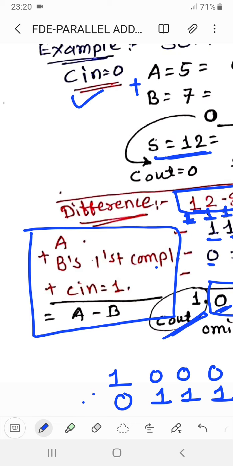So B's complement, first complement, and add carry in, that is 1.